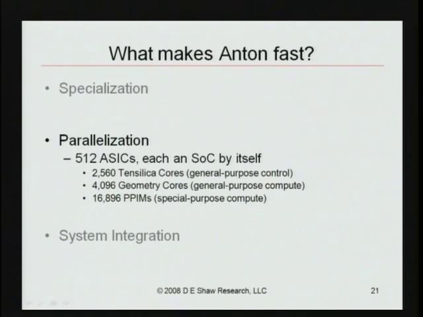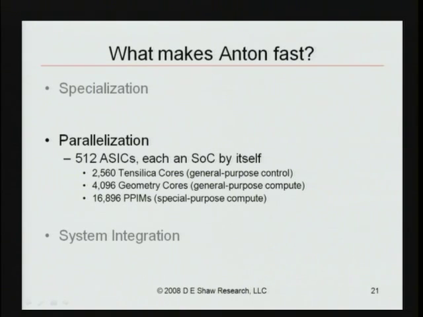Other things that make us fast is parallelization. As I said, we have 512 ASICs. Each one's an SoC. I'm often wondering whether Anton is more like a cell phone or a supercomputer. The chip we're working with has got all these dedicated functions, each one of which has a software component, a hardware component, and the software is kind of akin to the firmware in a cell phone in some ways, as much as it is akin to a general purpose supercomputer.